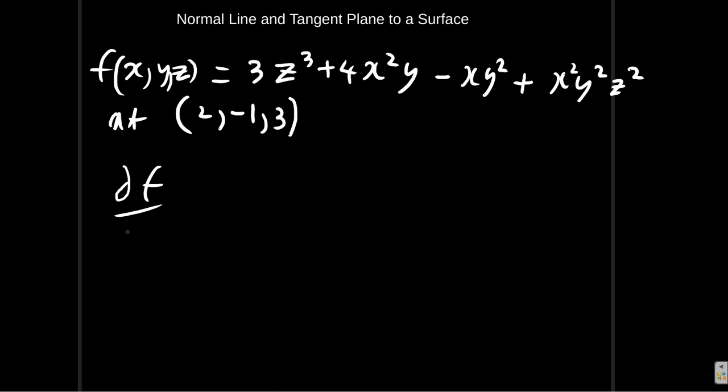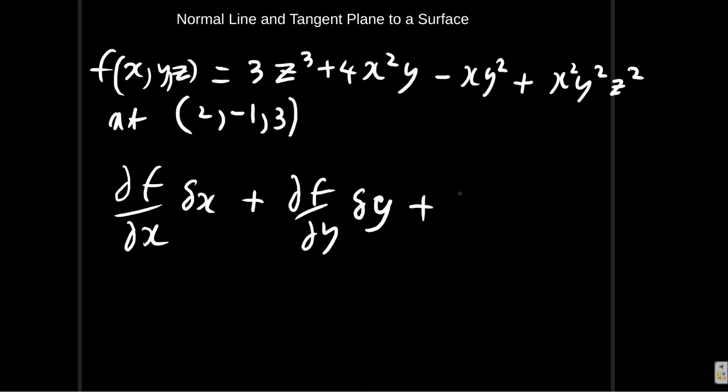You remember the general equation, the derivative of f with respect to x times that small change in x plus the derivative of f with respect to y times a small change in y plus the derivative of f with respect to z times a small change in z. Alright? You would have said this is equal to f. But in this case it's going to be equal to 0.